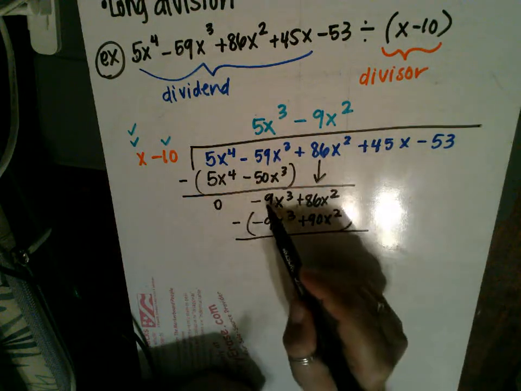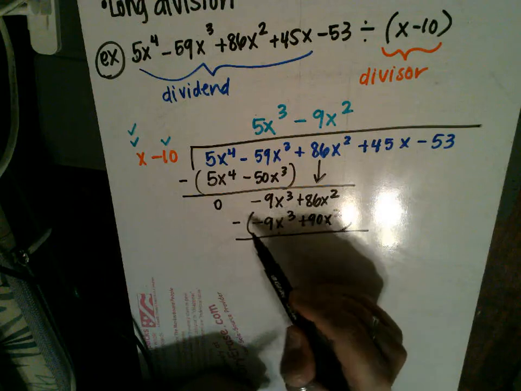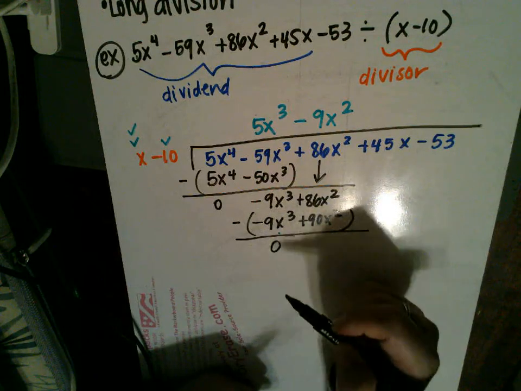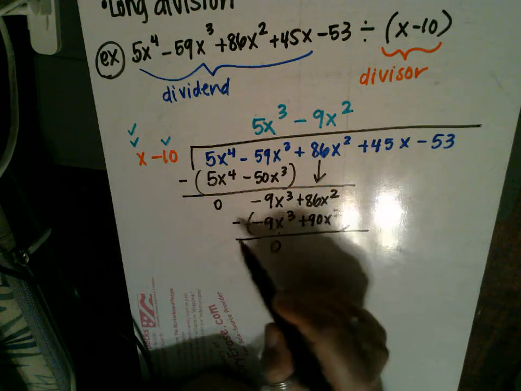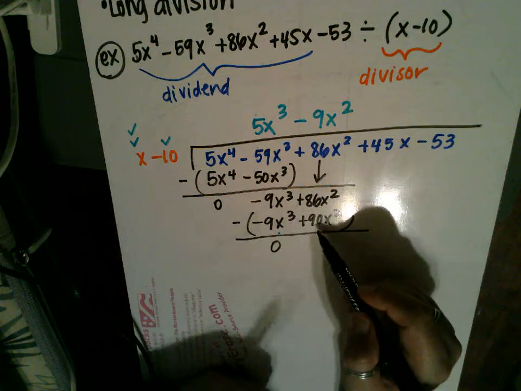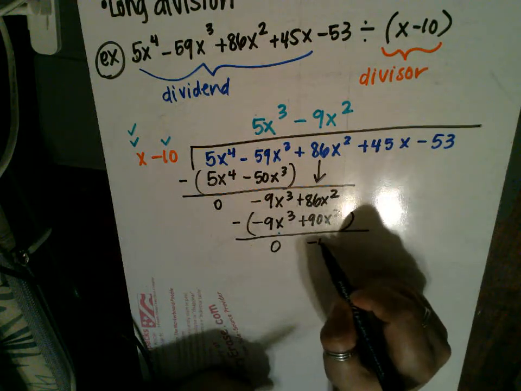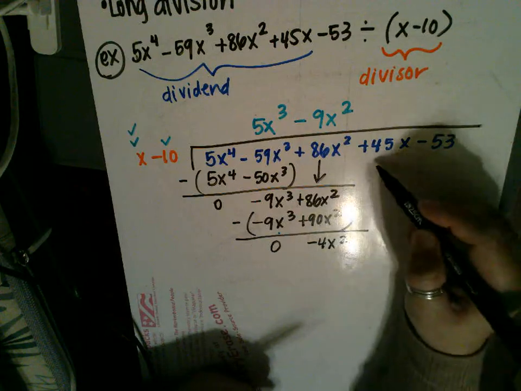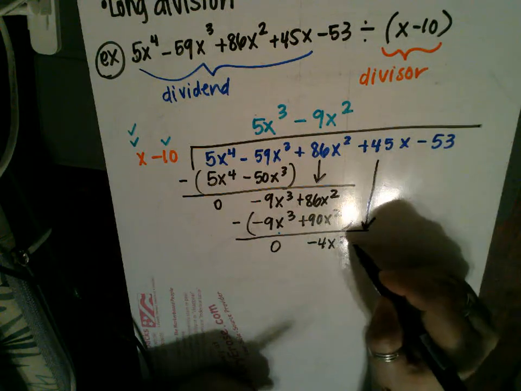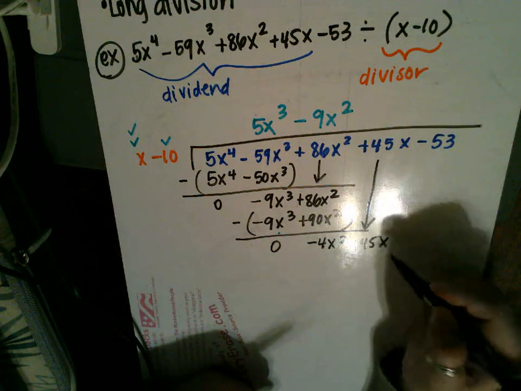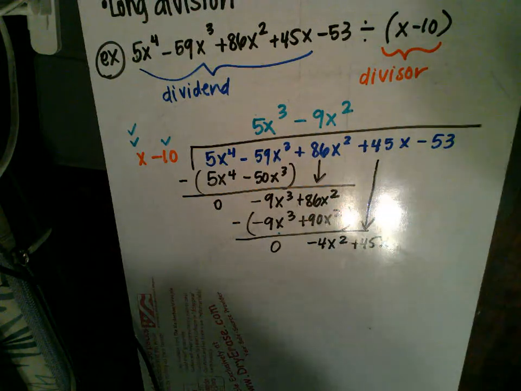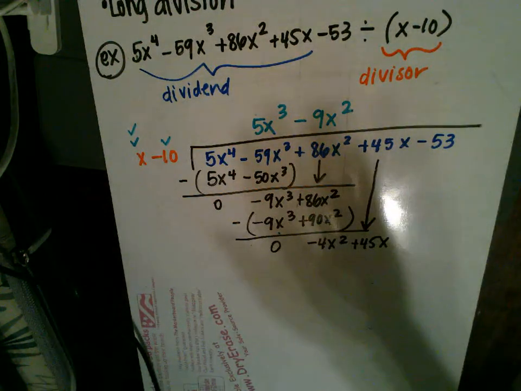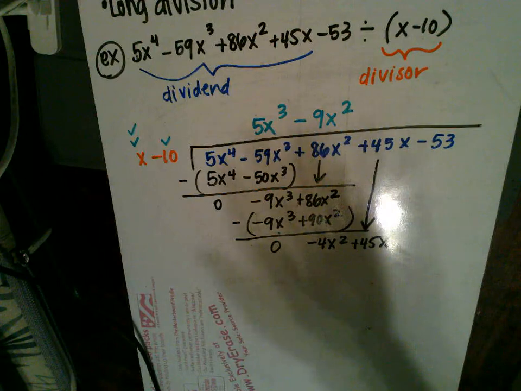Subtract. Negative 9x to the third plus 9x to the third is 0. 86 minus 90x squared is negative 4x squared. Drop down the next term and start over. That says negative 4x squared plus 45x. Okay?